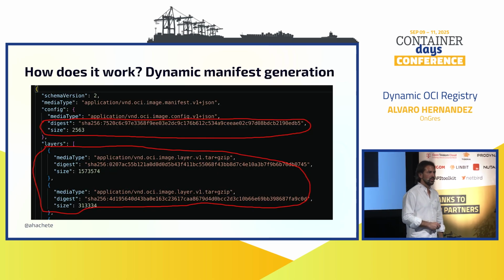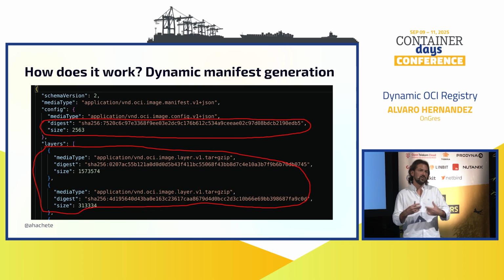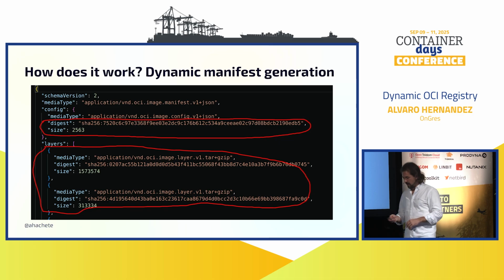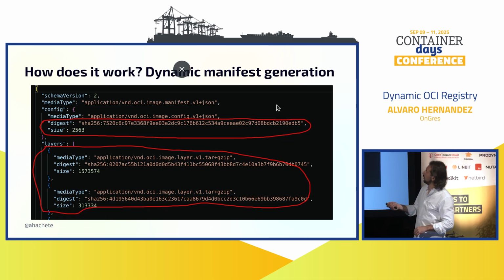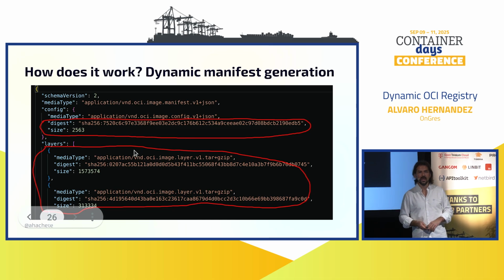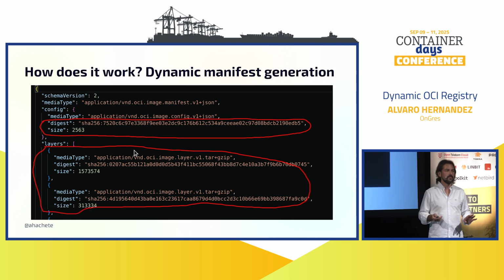The other part that we need to modify or to generate dynamically is the manifest, the image manifest per se, which first of all needs to identify the runtime config that we just dynamically generated in the first place, and then add all the layers that belong to this image. And conceptually, this is it.